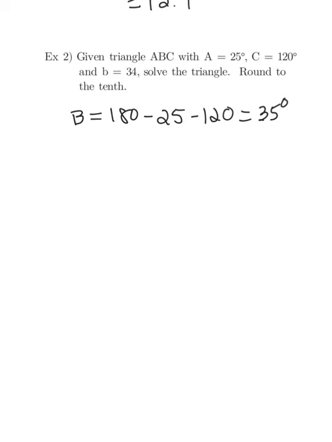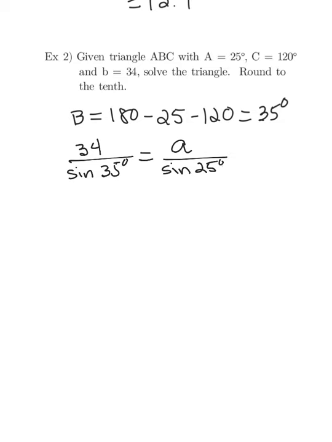So starting out with the ratio we know, we're going to put the side B, 34, over the sine of angle B, which we just said is 35 degrees.